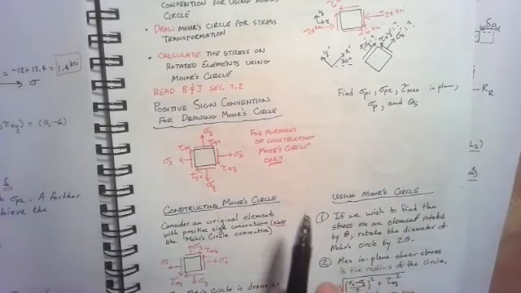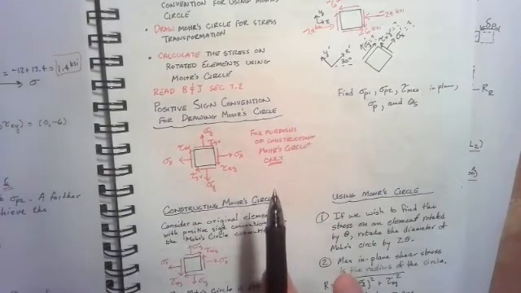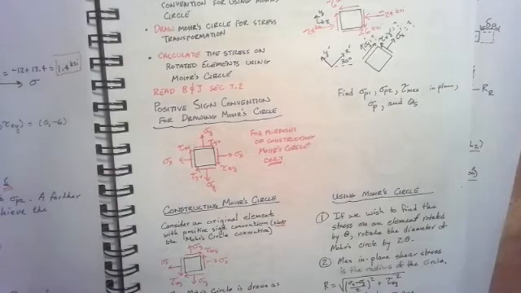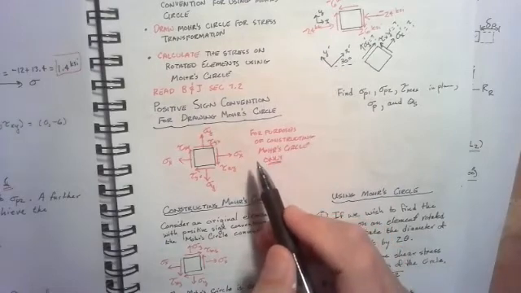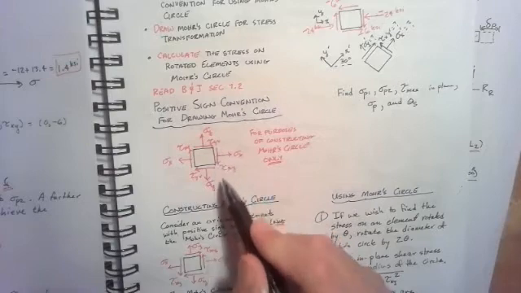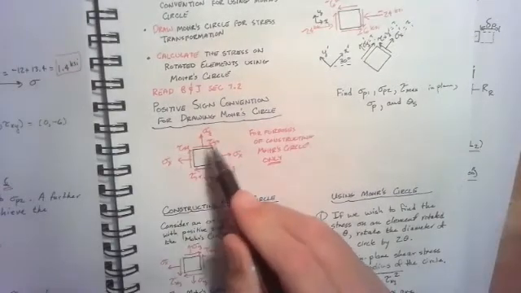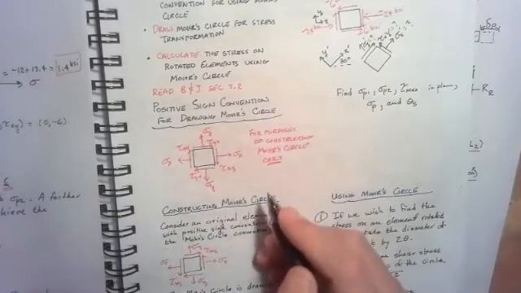So if we had an element that was in a positive sense, where all of the stresses on the original tensor element were positive, we would have a negative shear stress on the x face. Tau xy would be negative on the x face, and tau yx would be positive on the y face.